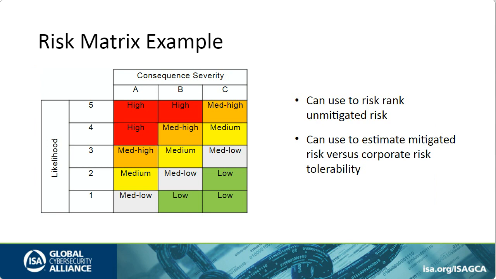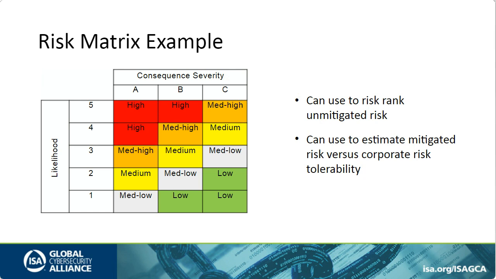Once again, this is just an example. But if you have this risk matrix and those tables as guidance when you're in a risk assessment, you come up with your vulnerability and your threat. You decide what you feel the threat probability is, the likelihood probability, and the resulting consequence.